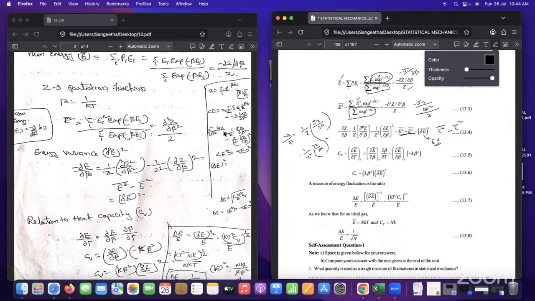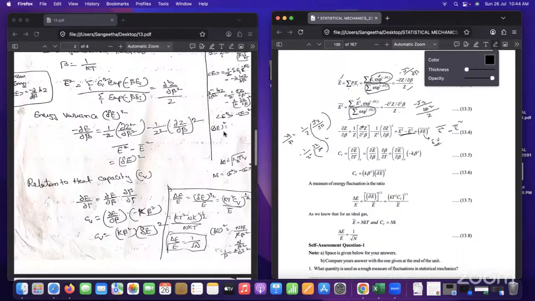Next, now we will see the specific heat CV. What is the specific heat CV formula? The specific heat CV is equal to dou E by dou T. This dou E by dou T I am writing as dou E by dou beta times dou beta by dou T. As we know, dou beta by dou T is minus K beta square.